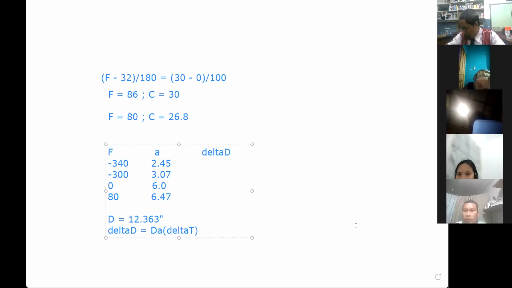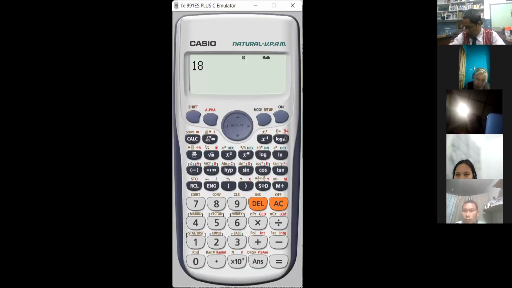I will share my calculator. Okay, let us look at the calculator. I will show you in our calculator. So the first line is diameter, which is equal to 12.363.